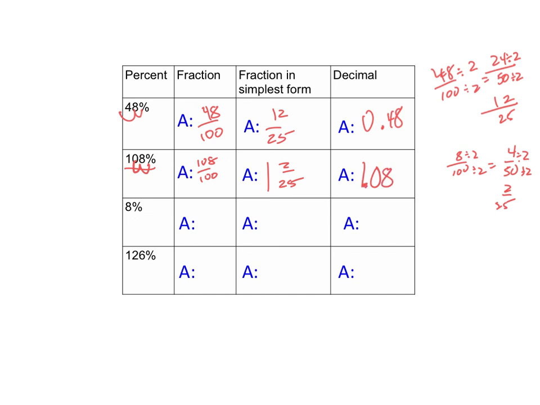1.08. Okay, fraction, that is 8/100. Remember, to go from percent to fraction, you just put the number over 100. In simplest form, I'm just reducing it. 2/25. And as a decimal, my decimal place is here.